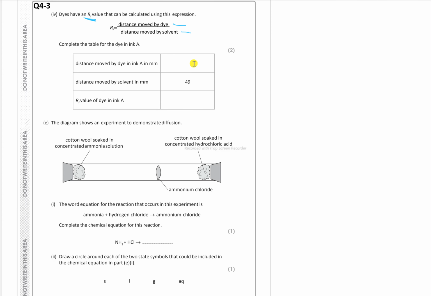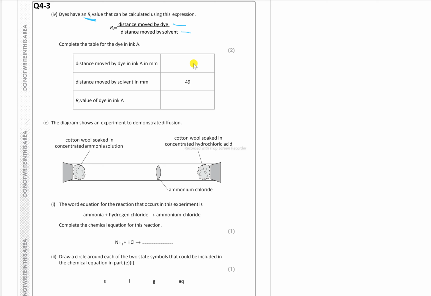You'd have to measure that, and I haven't got a ruler to measure that. Then you just divide the two. They're saying the distance moved by the solvent is 49.